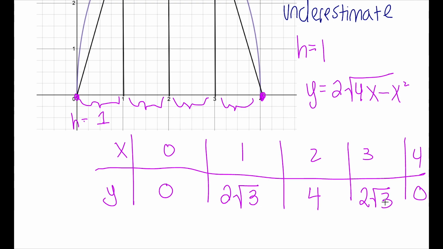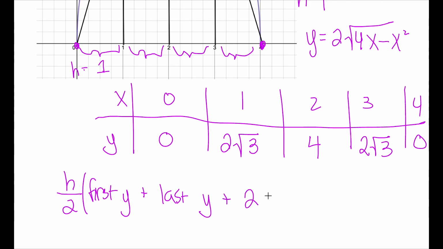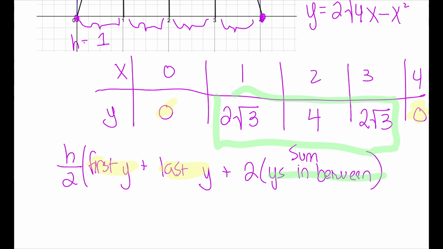Okay, so the formula is h over 2 times first y plus last y plus 2 times the sum of the y's in between. So here my first y and my last y are both 0. These are the ones in between, so we're going to add them together in these parentheses. And remember, h was equal to 1.